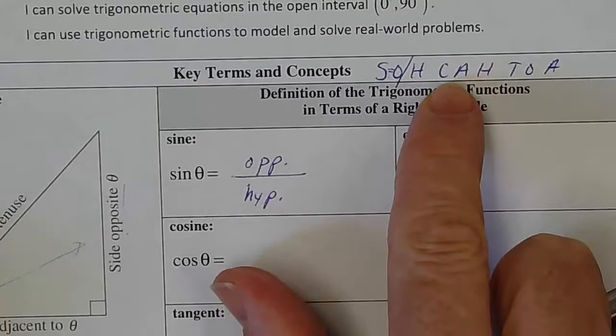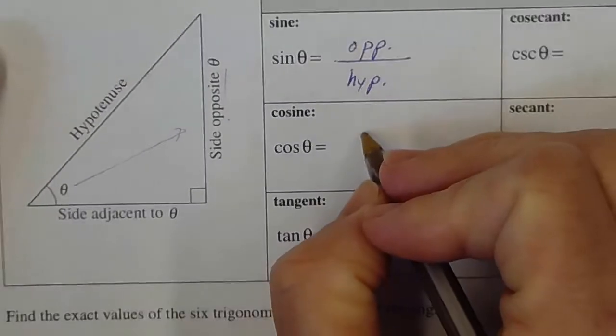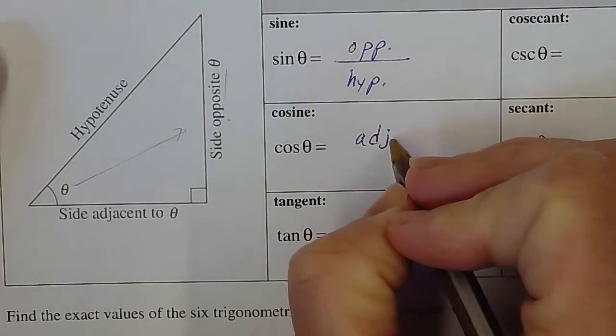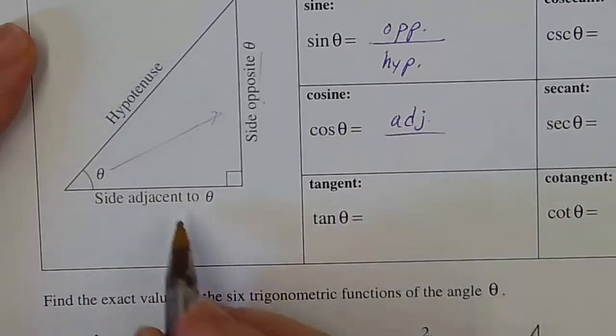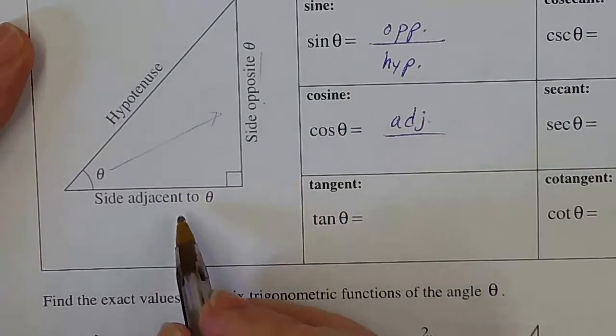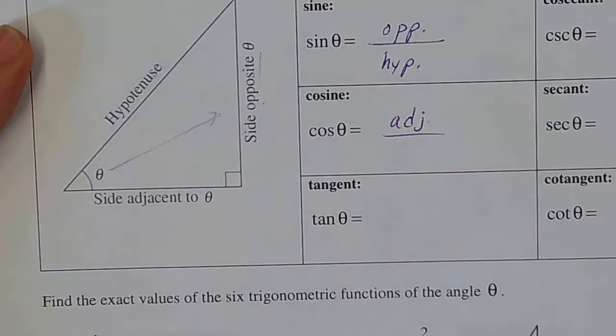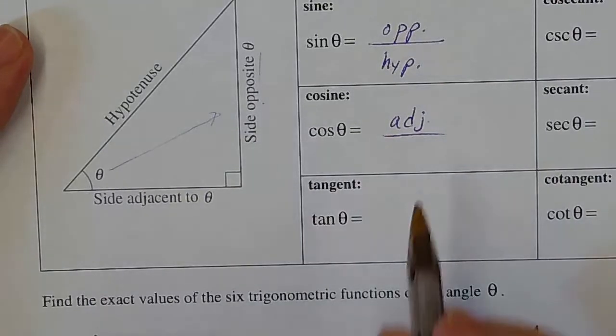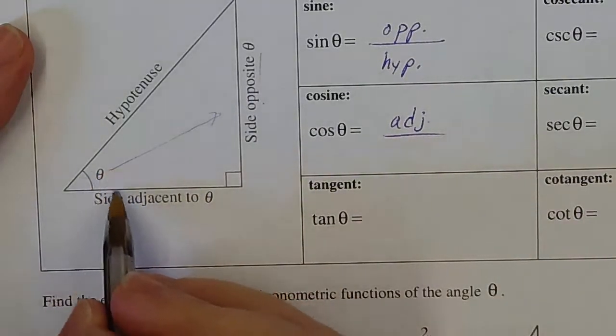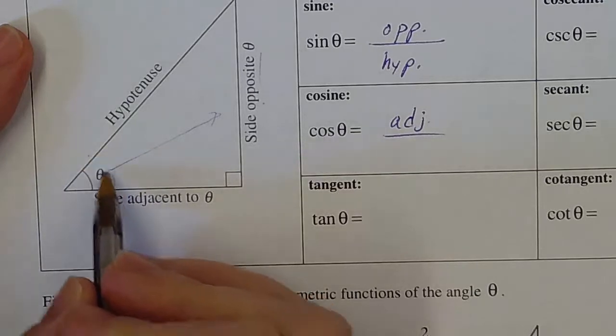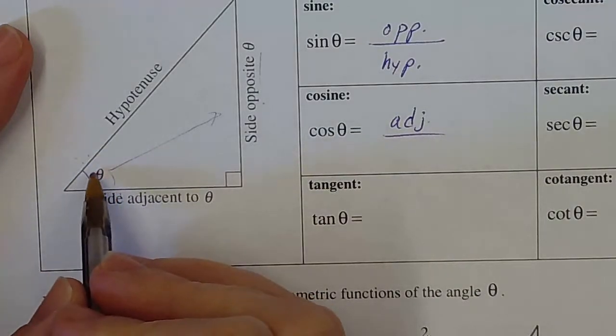Cosine is equal to adjacent over hypotenuse. So ADJ I'll use for an abbreviation, but the full word is adjacent. Adjacent means next to, but not the hypotenuse. I'll say that again. The adjacent side means next to it, but not the hypotenuse, because you have two angles here that are next to theta.